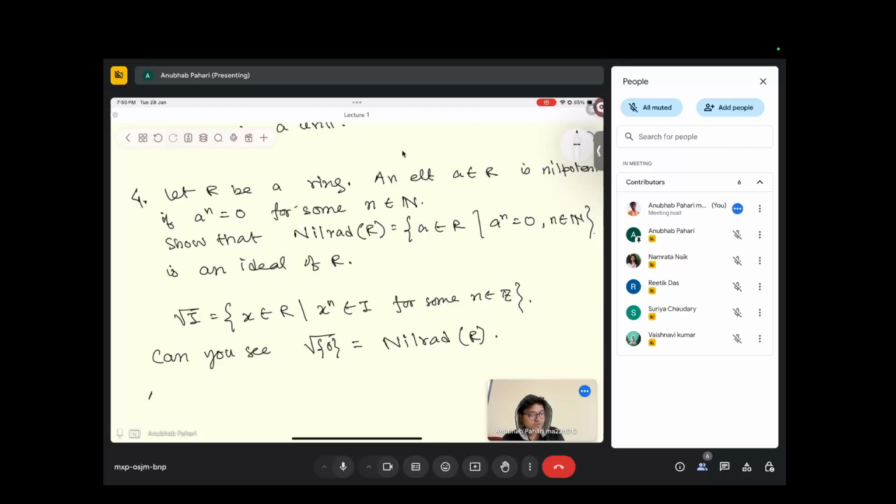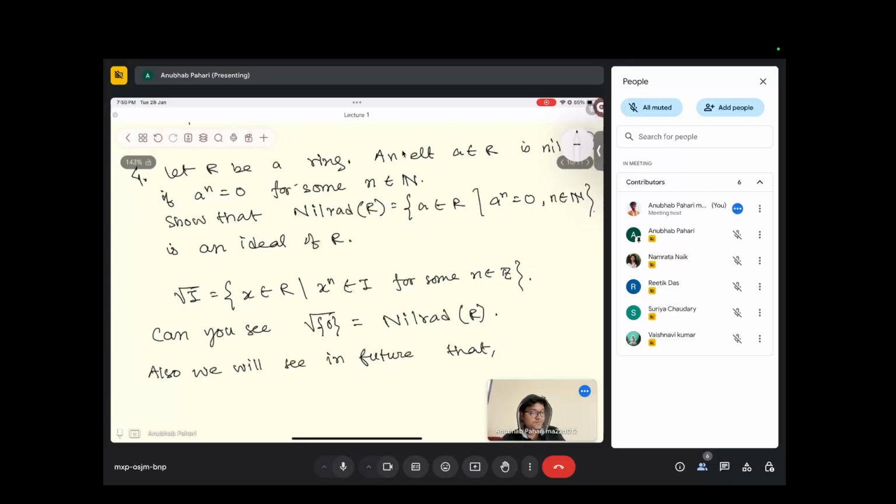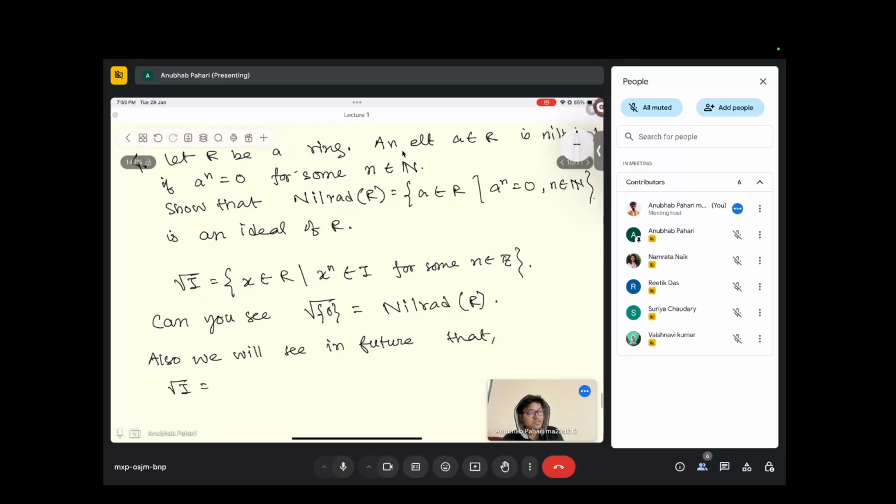Also we will see in future that the radical of an ideal is the intersection of all the prime ideals coming from V(I).